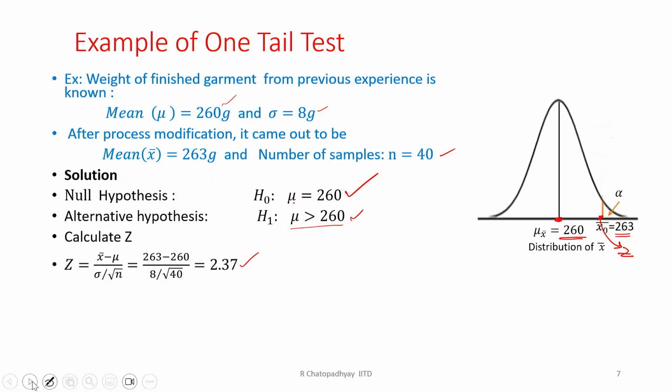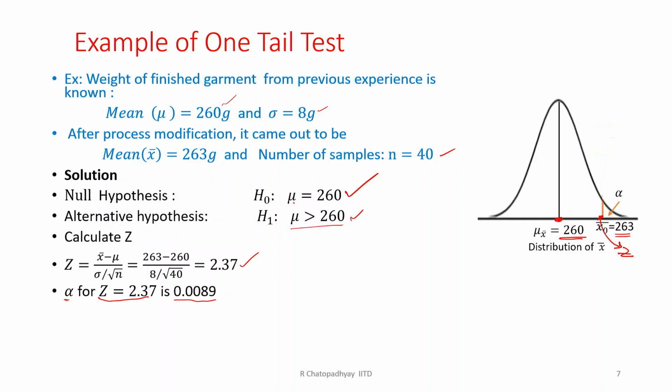Okay. So if this is the value that we get, now we need to find out what is the value of alpha when Z is 2.37. And for that we need to consult this Z table. Z tables were shown to you earlier.